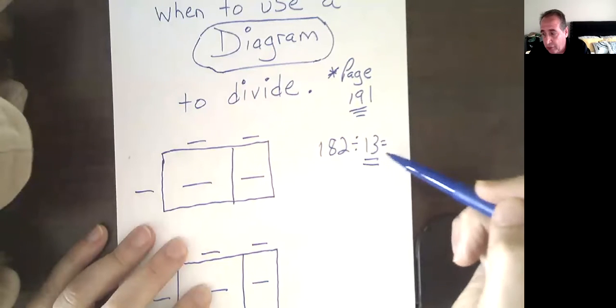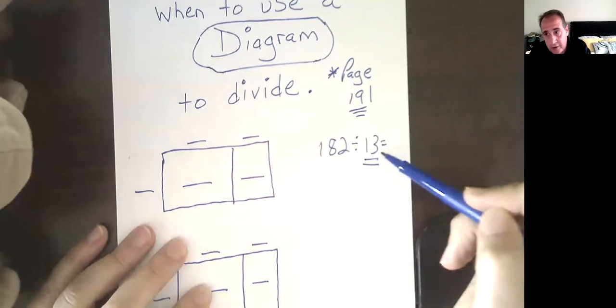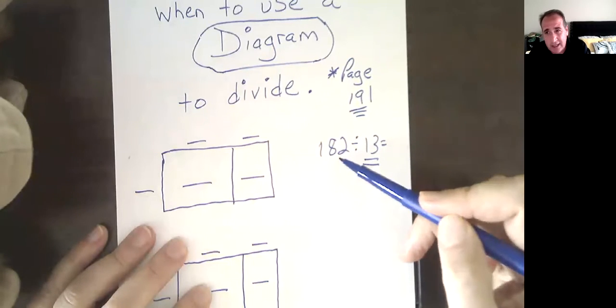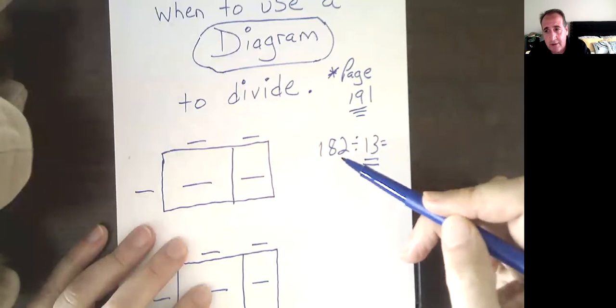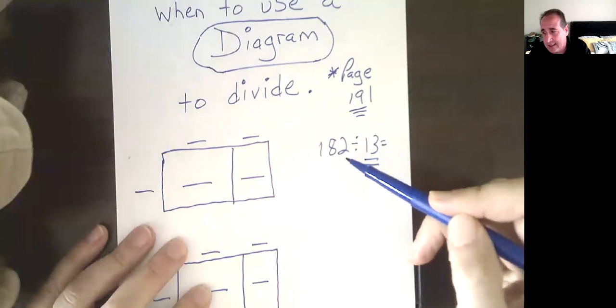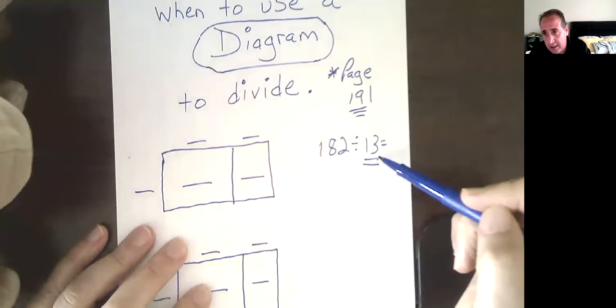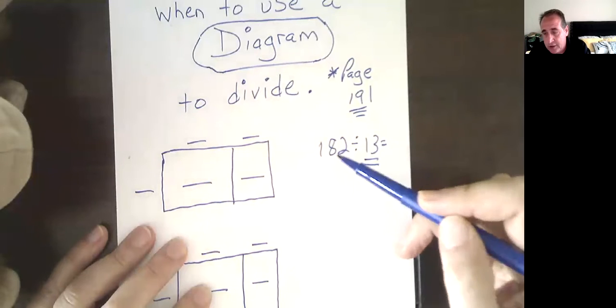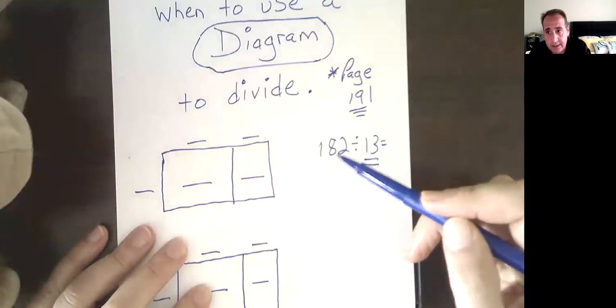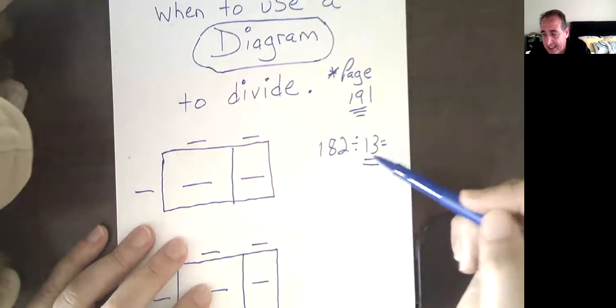That's 130, and I know 130 is close to 182, so I'm going to think yes, I should use the box. If that number, when you put a 0 on the divisor, isn't close to the dividend, you want to go ahead and not use it. But that is pretty close.